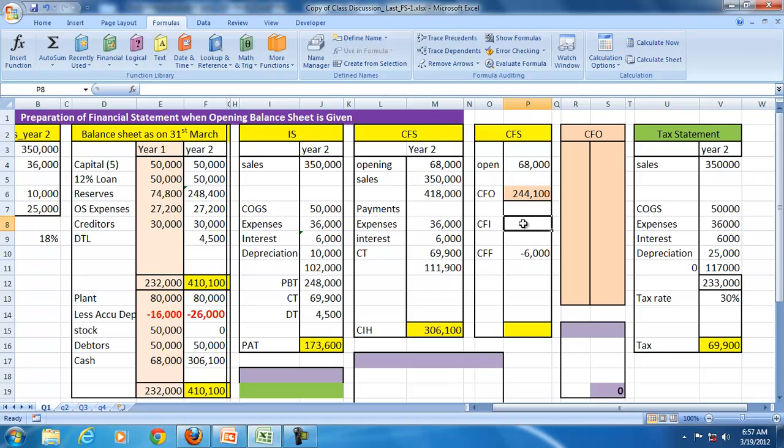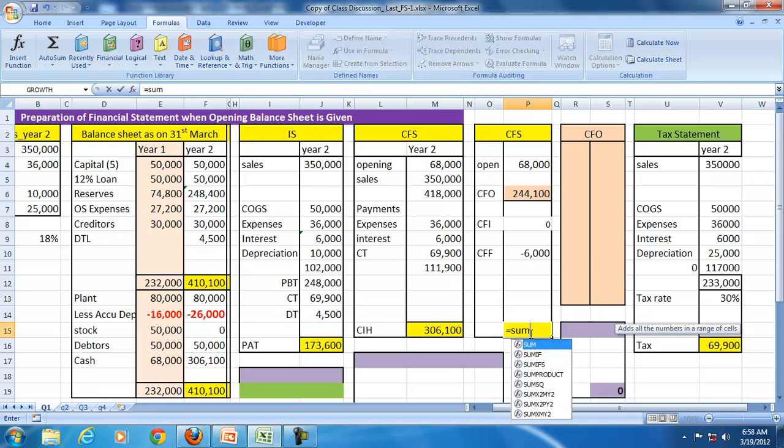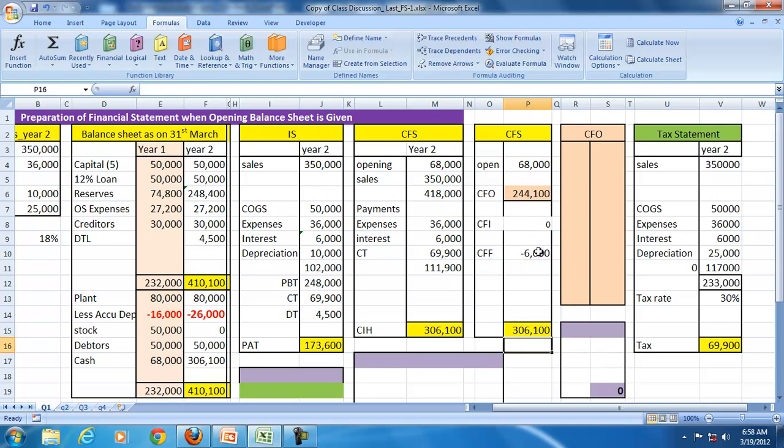And cash from investment: there is no cash inflow and no cash outflow from investment, so it is 0. So the summation of opening cash, CFO, CFI and CFF is the same as cash in hand.